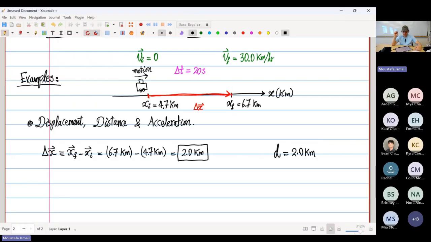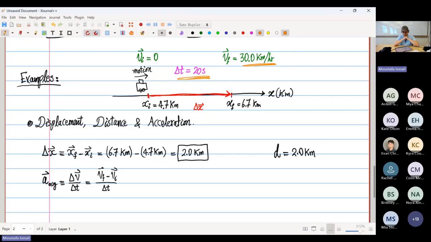So again, we just use the definition. The average acceleration is defined as the change in velocity by the elapsed time. And the change in velocity is v final minus v initial divided by elapsed time. We just need to convert the units now because we have a discrepancy in the units. We have here kilometer per hour, and we here have seconds.